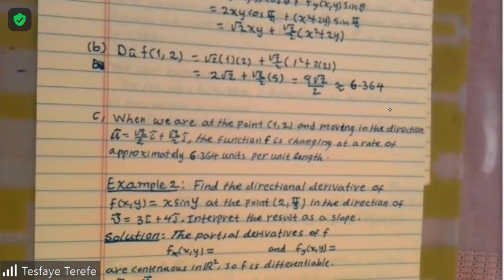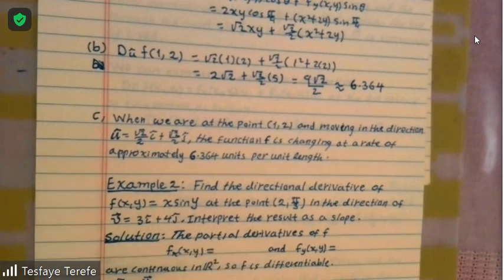So now I want you to do this. Example 2. Find the directional derivative of f of xy that is defined by x times sine of y at the point (2, pi over 3) in the direction of the vector v, which has 3 in the x direction and 4 in the y direction. And I want you to interpret this result as the slope.